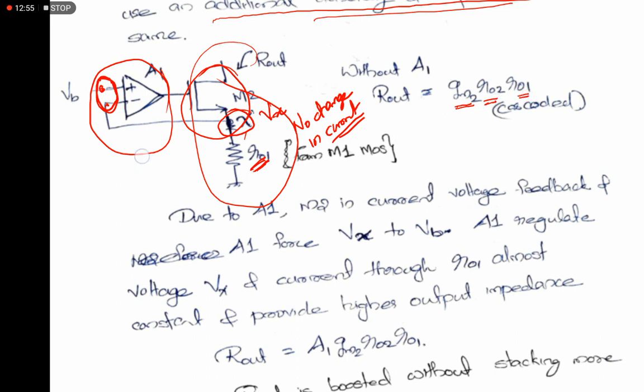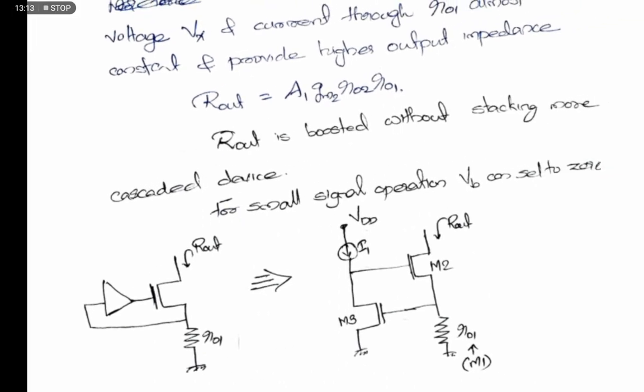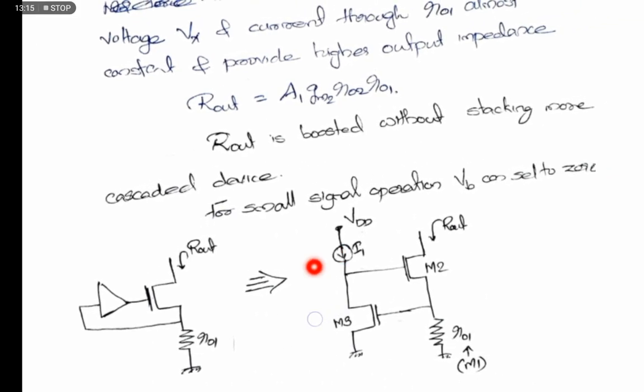If we use this amplifier with gain A1, this output impedance changes to the new output impedance R out, which is the gain of the amplifier times GM2 R02 R01. Okay, that's how. This amplifier we can simply implement using a common source configuration amplifier, or any other amplifier is fine.